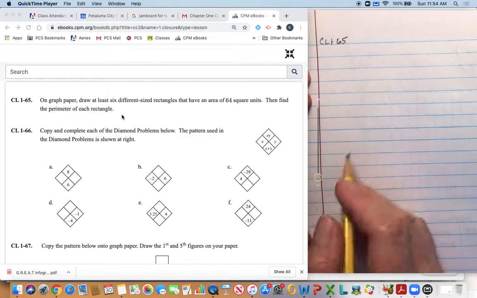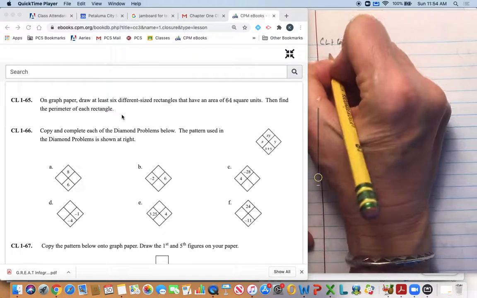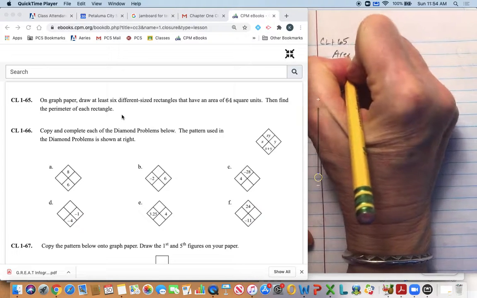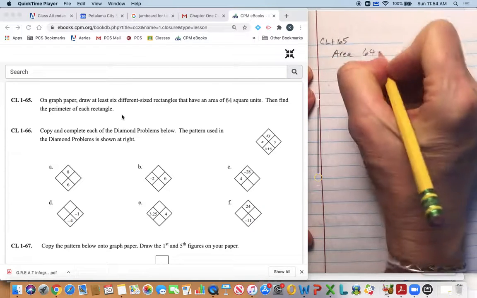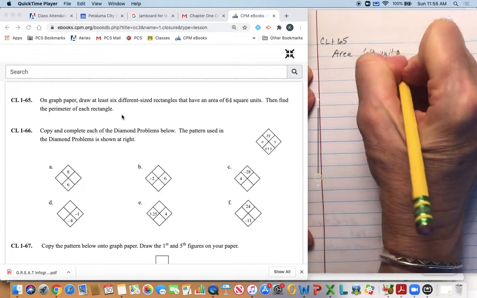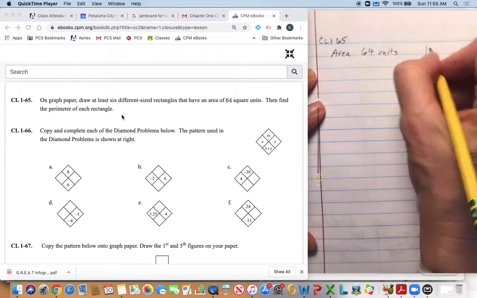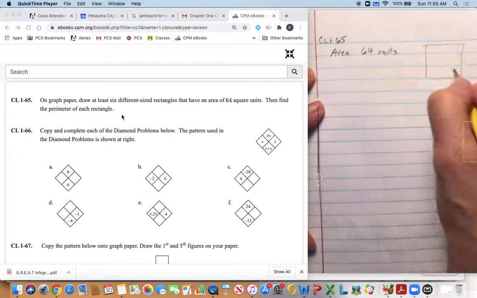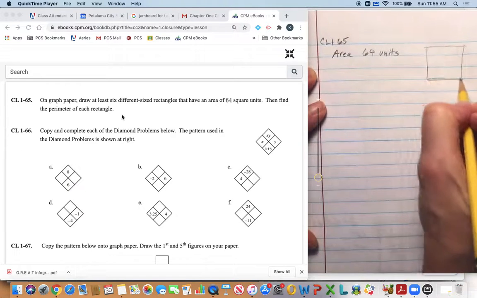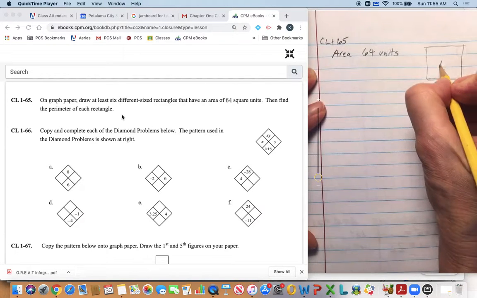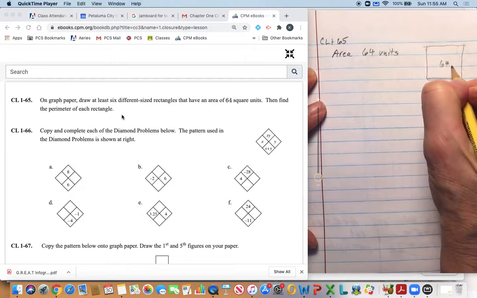Okay, well, we know that if they have an area of 64 units, then if I were just looking at a rectangle, I know the length times the width has to equal 64.